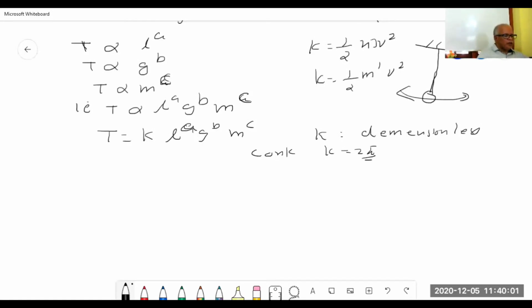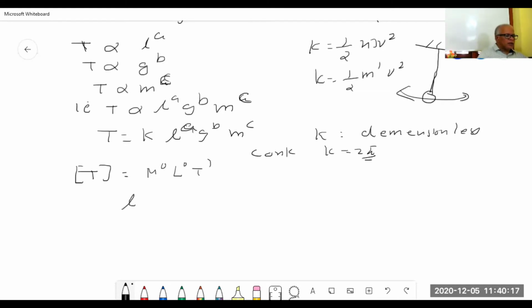So, equate dimensions on both sides. The dimension of T, a period of time, is m raised to 0, L raised to 0, T raised to 1. See, what is the dimension of K? Nothing.